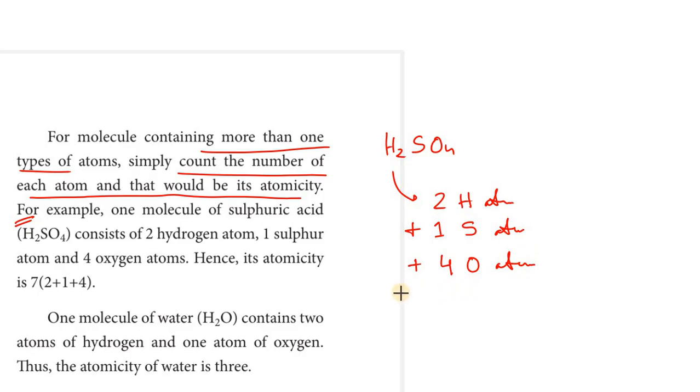So what is the atomicity? 2 plus 1 plus 4, that is 7. So its atomicity is just 7. That's it. Similarly, one molecule of water contains 2 atoms of hydrogen and 1 atom of oxygen. So atomicity of water is 3.